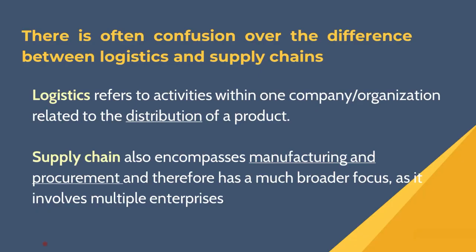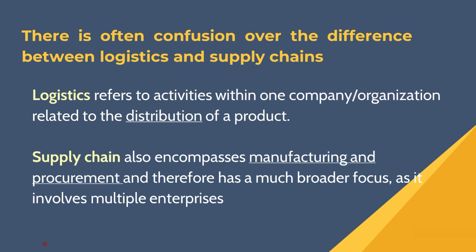So, there is often confusion over the difference between logistics and supply chain. So, most likely kasi parang magkapareha sila. Because in a supply chain, nandun din si transportation na pwede rin pumasok dun si logistic. But of course, there is a difference between the two.